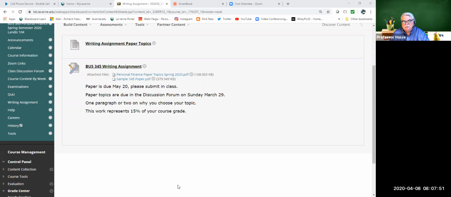But at the same time, it's a way of explaining a topic that you have chosen, that you have some interest in, of doing a little research, and then explaining what that research indicates to you, and putting it together in a professional student manner, APA format, following this style. Again, this style is in your Blackboard. It's available for you to look at and follow. And if you have any questions about the style, or about how you will present your topic, you let me know.